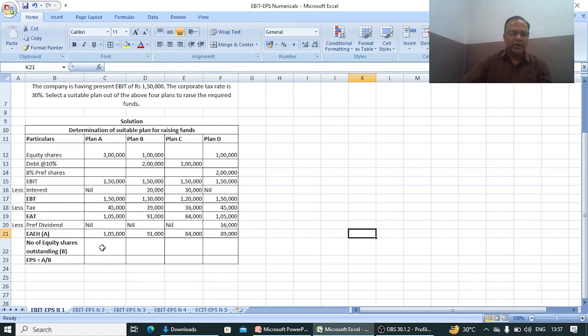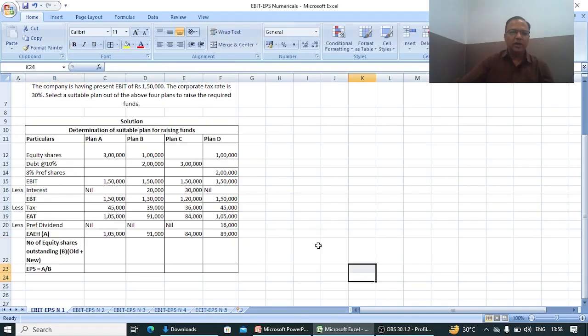Now, number of equity shares outstanding, old plus new.